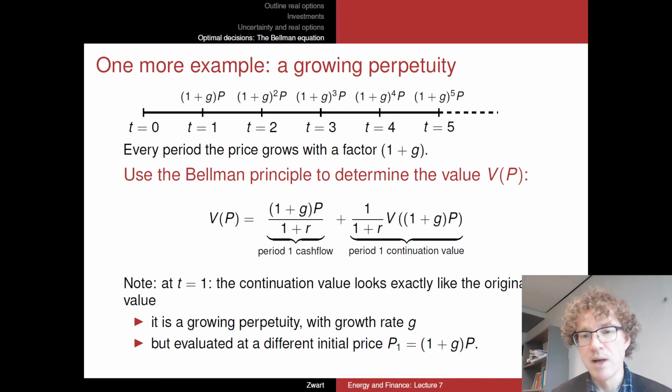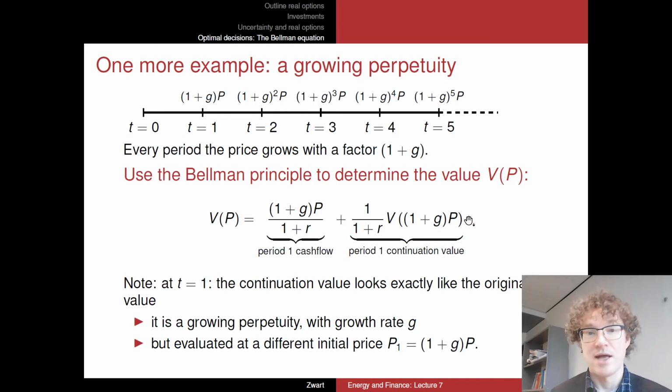Can we again use this Bellman principle to figure out the value of this growing perpetuity? Let's try. The present value of all these growing cash flows today, given that today's price is at level P, V of P, what is it? Next year the cash flow will go up by the growth factor g, so 1 plus g times today's price P, discounted by 1 plus R, plus the continuation value, again discounted by 1 divided by 1 plus R. What is this continuation value?